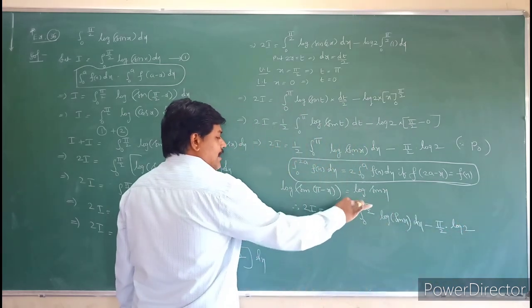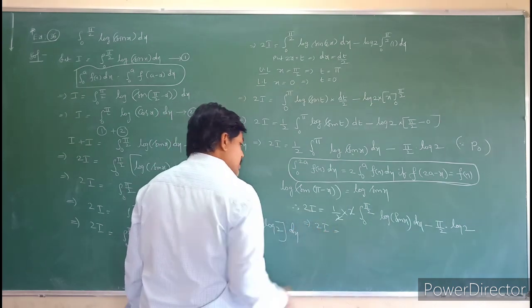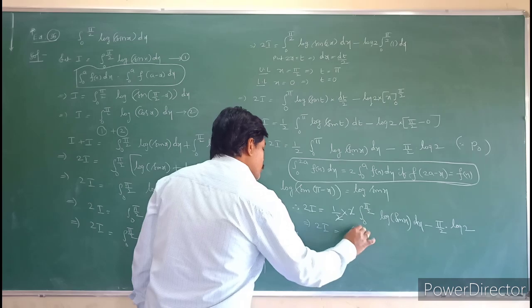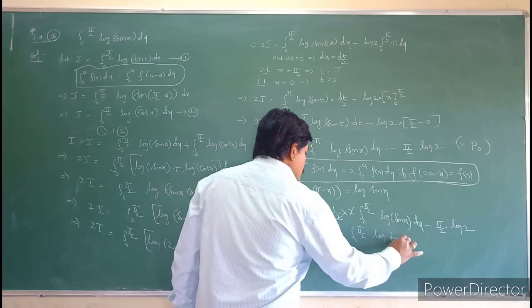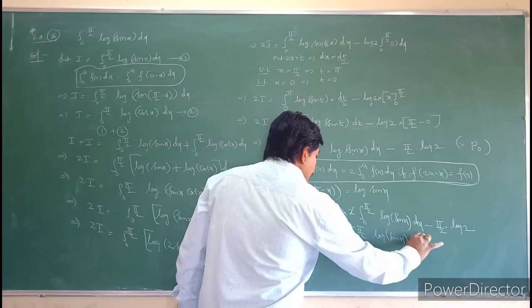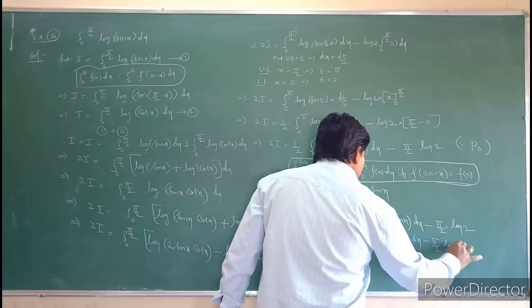This 2 and the 2 will be cancelled. So that implies 2I is equal to integral 0 to pi by 2 of log of sin x into dx minus pi by 2 into log 2.